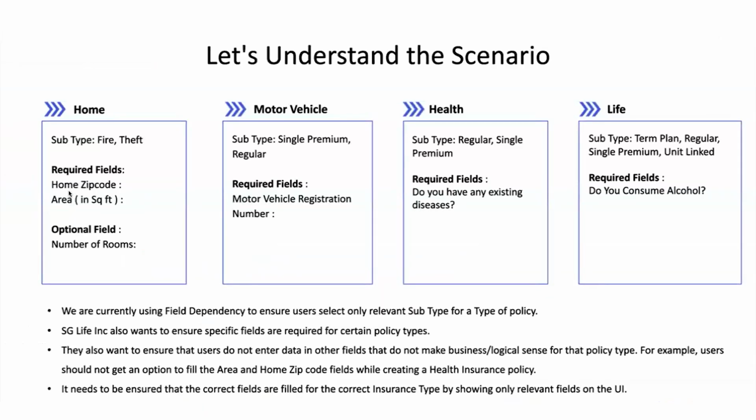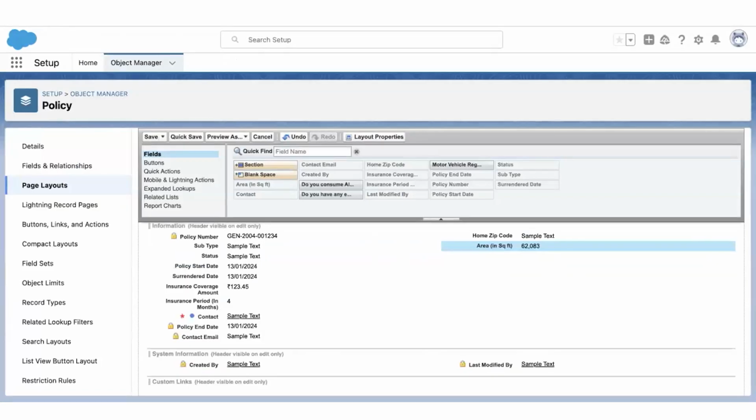Now, as per the requirement, these two fields should be required when I'm selling a home insurance policy, right? So can I make it required on the layout of the policy, the custom layout that I'm creating? The answer is yes. If you hover over any of the fields, you'll see the wrench icon called properties.